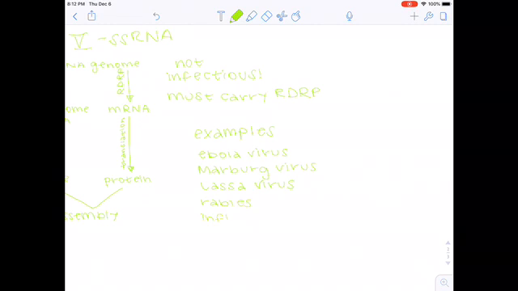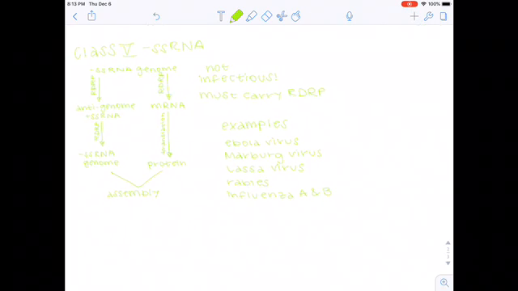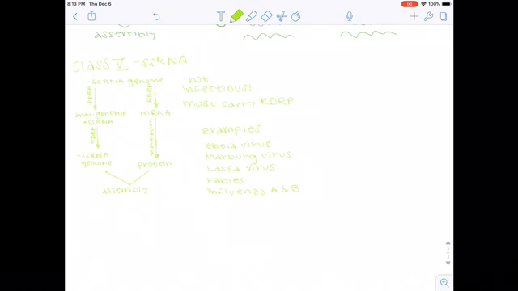And also influenza A and B. I'm not trying to include a lot of examples because I know you'll probably get lost in all of these names, but it's interesting to just know that there are things in each of these categories that you are able to have experience with and have heard about in the news, or maybe have encountered some of these, like influenza, yourself.